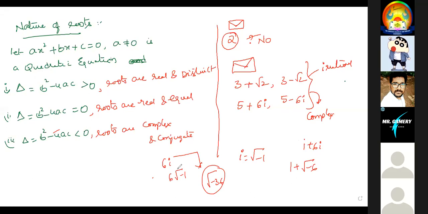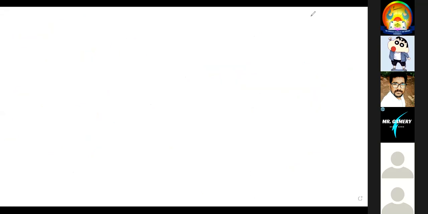The square root of minus 36 can be written as minus 1 into root 36. Root 36 has the value 6, and the square root of minus 1 is i. That's 6i. Okay, sir. Understood. The next one.